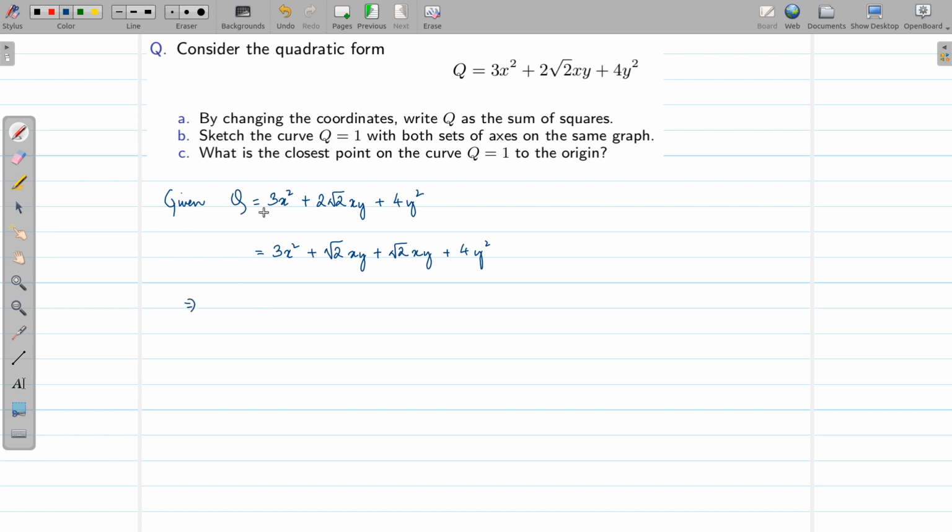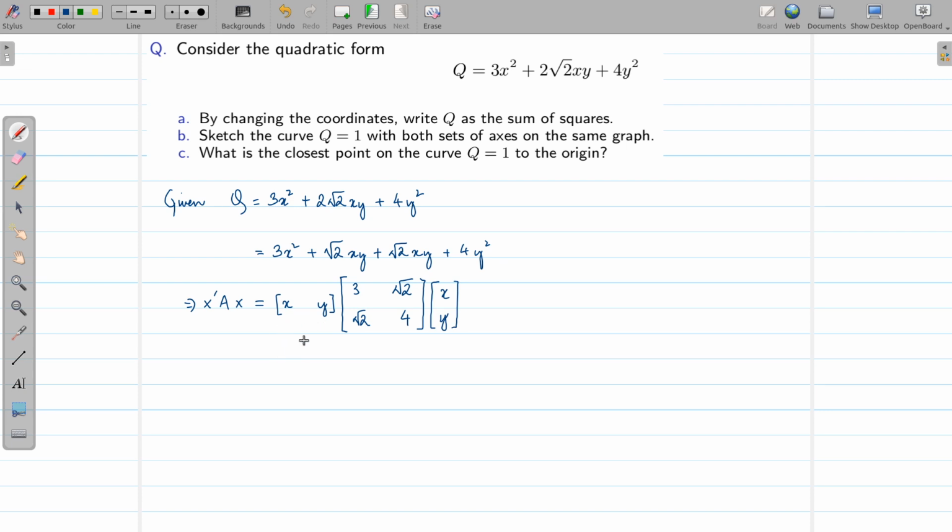And we know that q is nothing but x transpose A x. So x transpose is the row vector (x y), and then A is A11, A12, A21, A22. A11 is 3, A12 is root 2, A21 is also root 2, and A22 is 4, times the column (x, y).